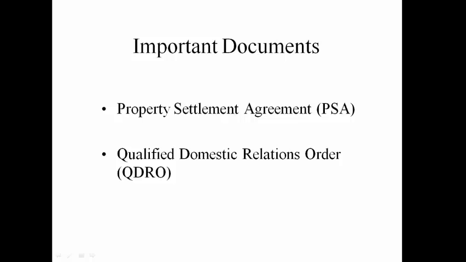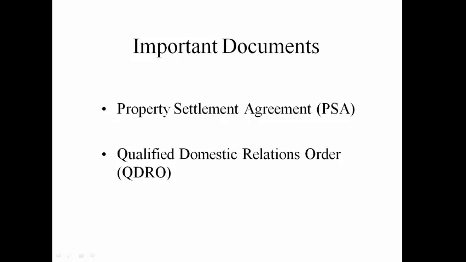The second most important document that is important to divorcing couples and their advisors is known as a QDRO, Qualified Domestic Relations Order. A Qualified Domestic Relations Order is an order entered in the court, and it takes its stipulations from the PSA regarding only the retirement plans.